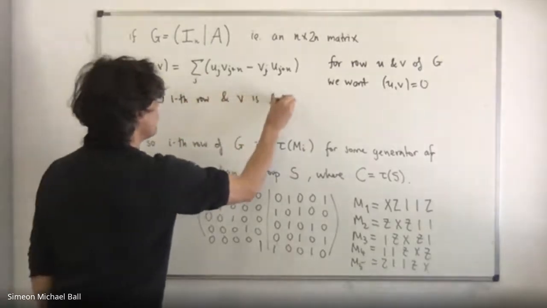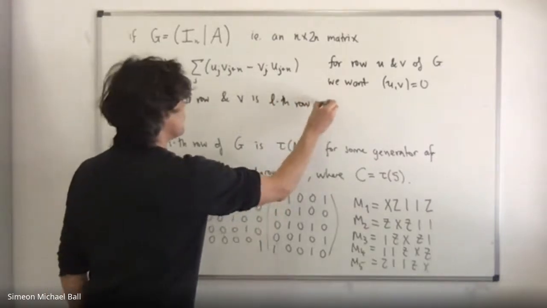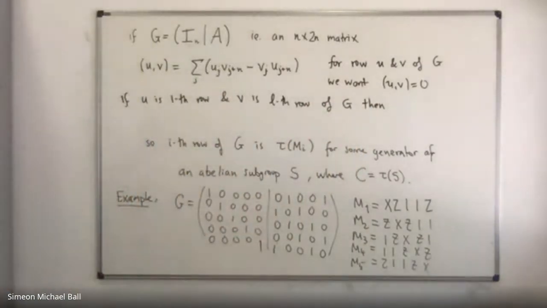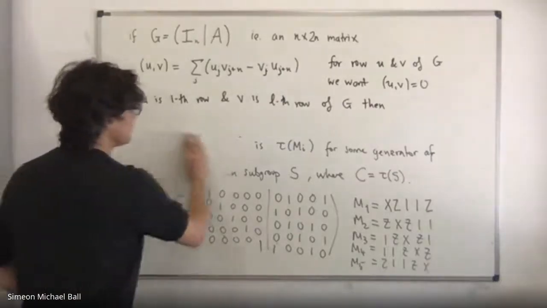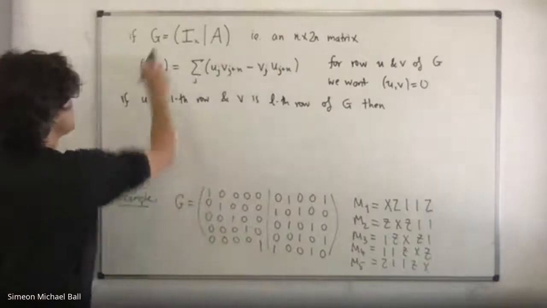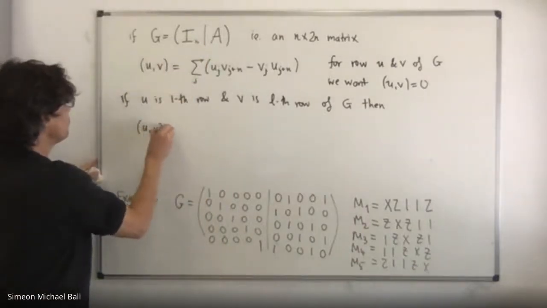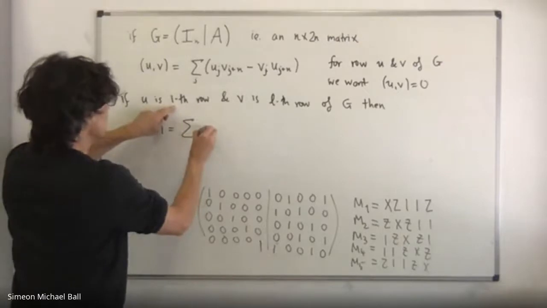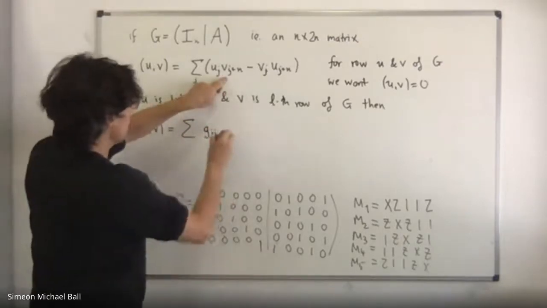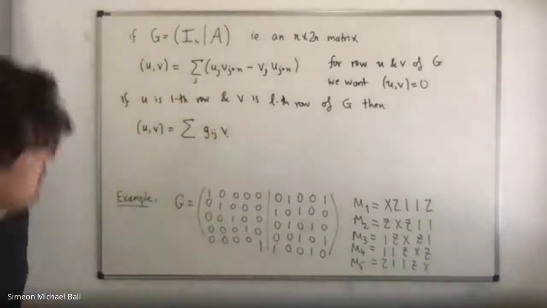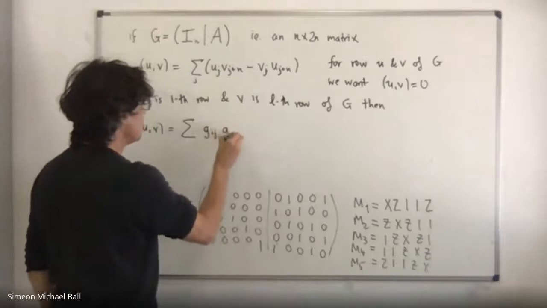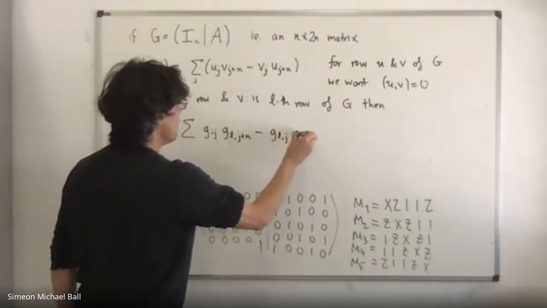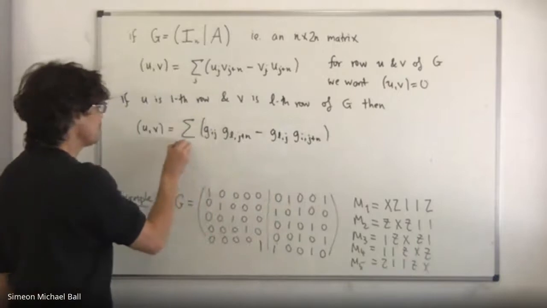V is the other row, so that's G_{l,j+n} minus G_{l,j} G_{i,j+n}, summing over j.